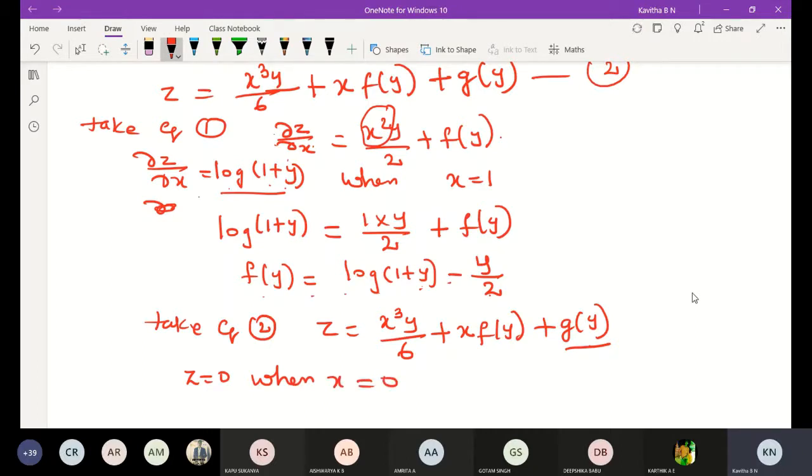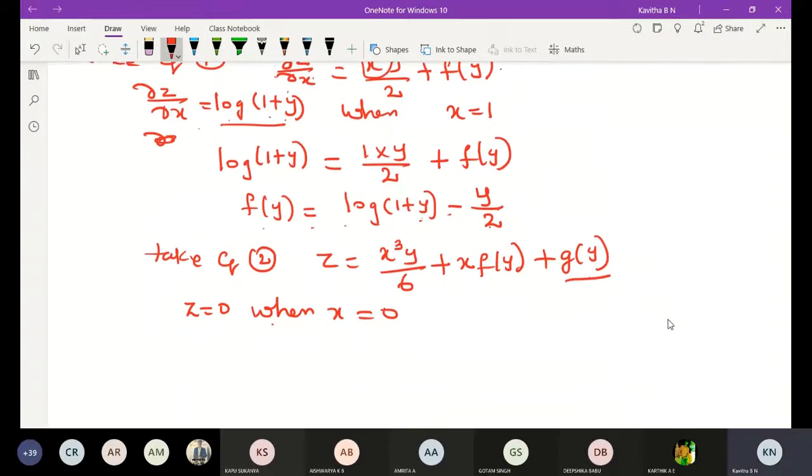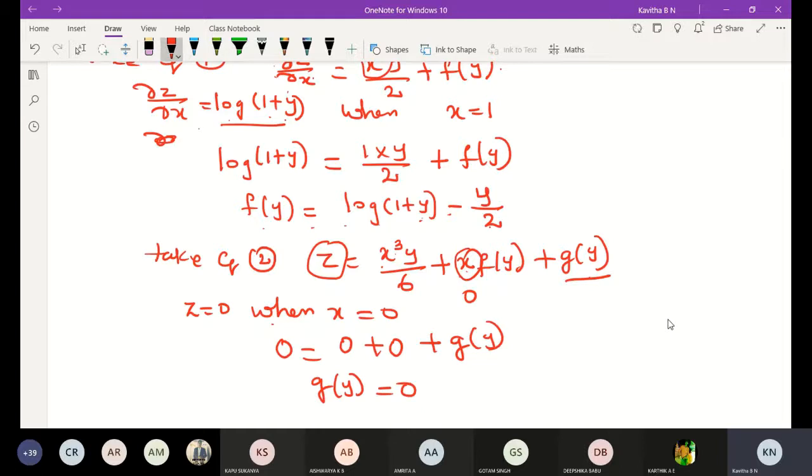Put here z as 0 and x also 0, plus x is 0, so this is also becoming 0. Then plus g of y. Then g of y is equal to 0.